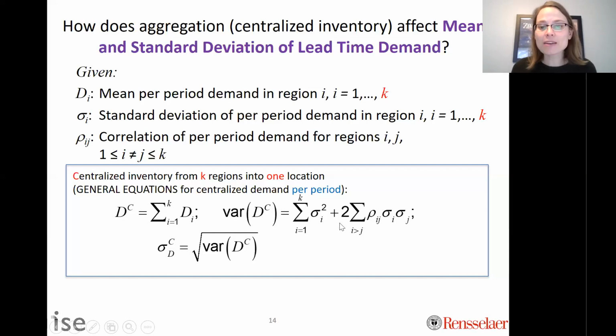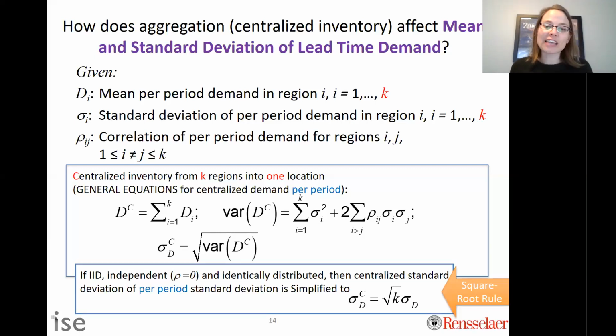However, if they're independent, this goes away because rho is 0. So we do need to work in the variance space, and then remember the relationship between variance and standard deviation is we can always get the standard deviation by taking the square root of the variance. And so this equation here gives me the standard deviation of centralized or aggregate demand per period.